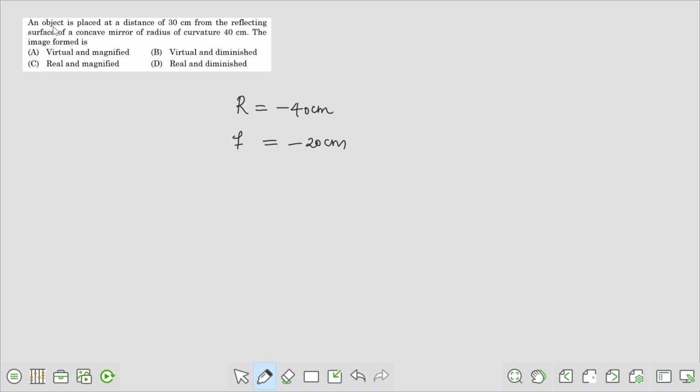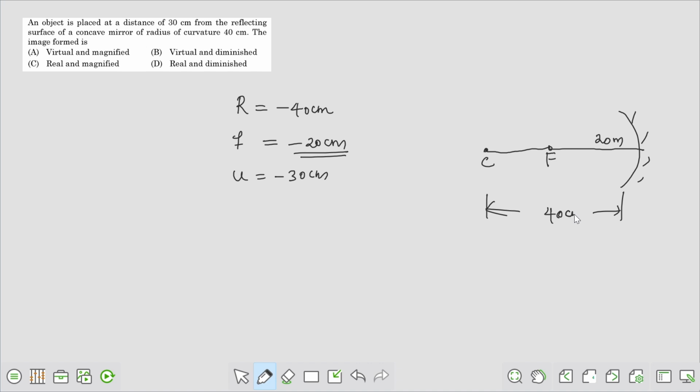Now it is given the object is placed at 30 cm, so the object distance is minus 30 cm. If the focal length is 20, the focus will be 20 cm from the mirror and the center of curvature, C, will be 40 cm from the mirror.